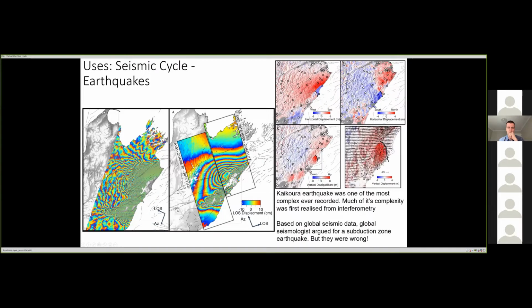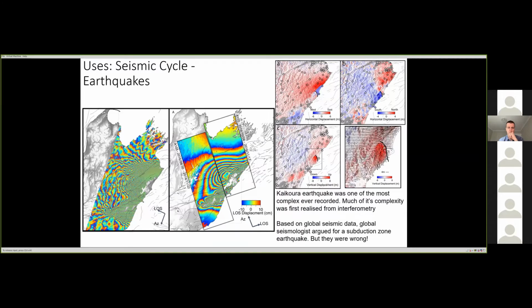And then on the right is another interferogram, but from when the satellite is looking in a different direction, which is why the pattern of displacement looks somewhat different. What we can do is take all this information and generate models to estimate how much the ground slipped and which faults were the main players in these earthquakes.